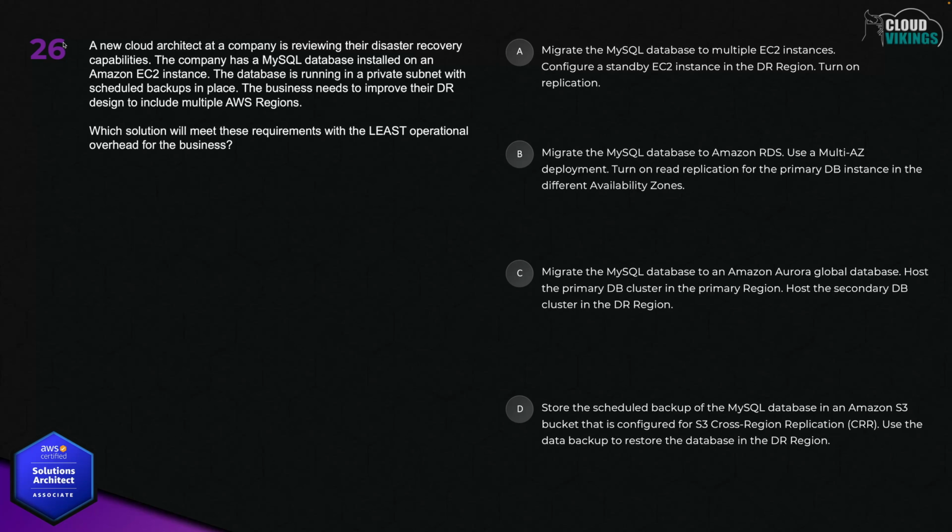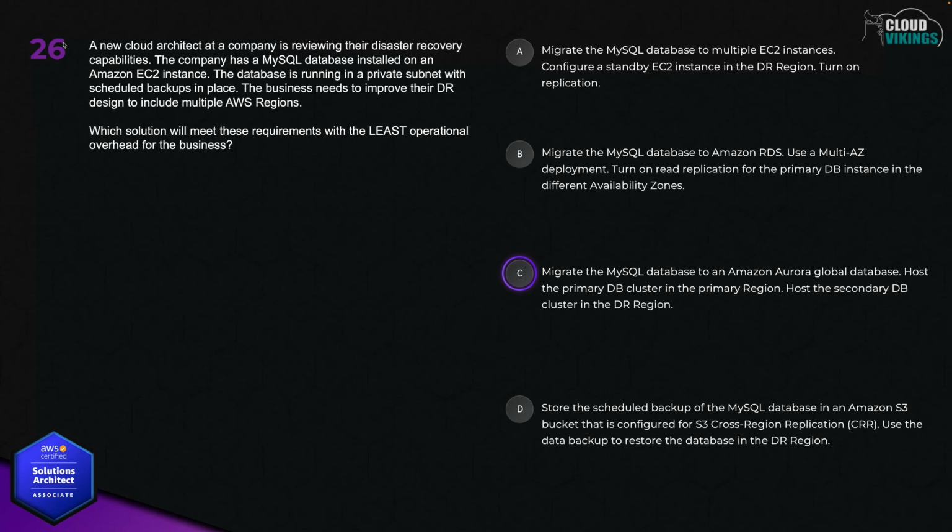C. Migrate the MySQL database to an Amazon Aurora global database. Host the primary DB cluster in the primary region. Host the secondary DB cluster in the DR region. D. Store the scheduled backup of the MySQL database in an Amazon S3 bucket that's configured for S3 cross-region replication. Use the data backup to restore the database in the DR region.